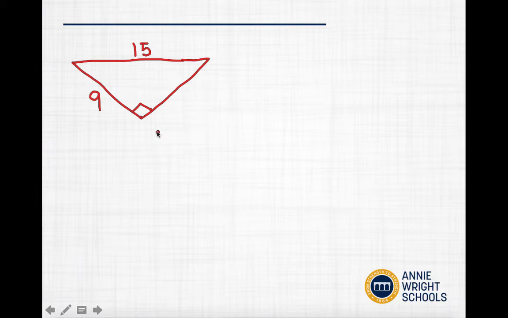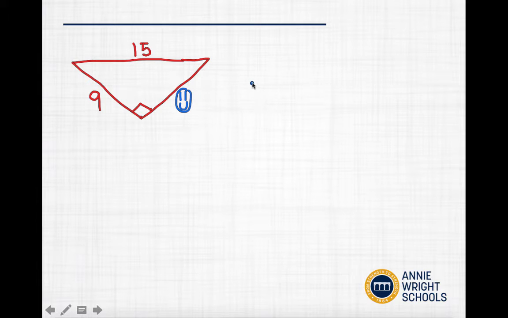This is actually going to be pretty easy, but we'll do it anyway. What you need to make sure you do is label the side you don't know with some variable that you like. I'm going to use smiley face, one of my favorite variables.